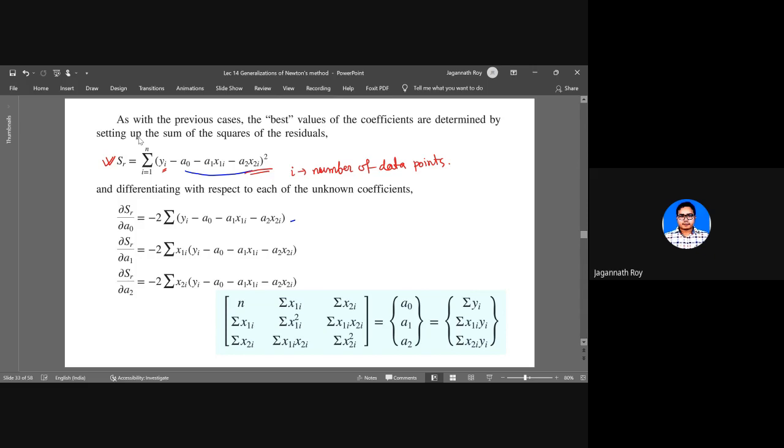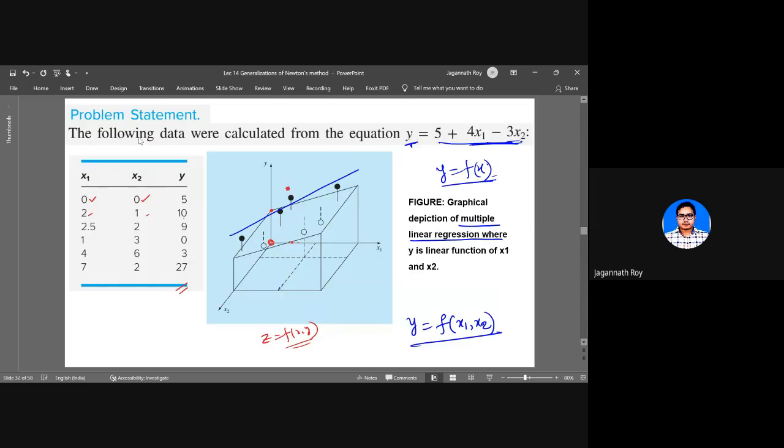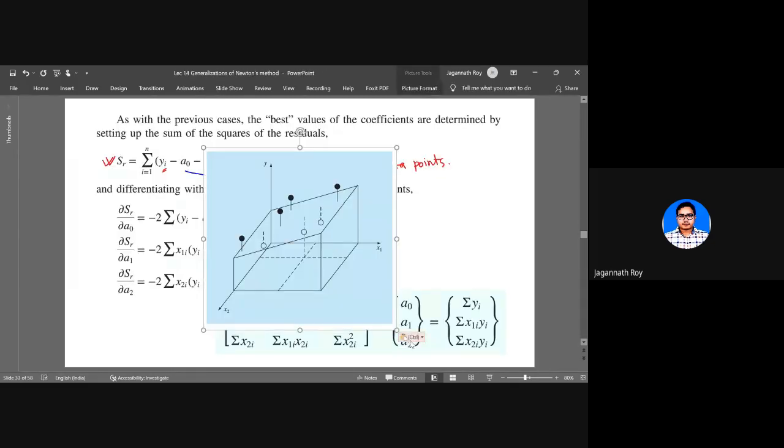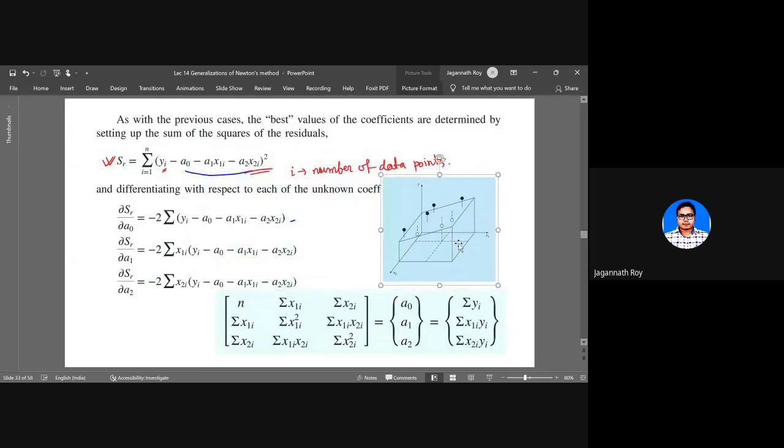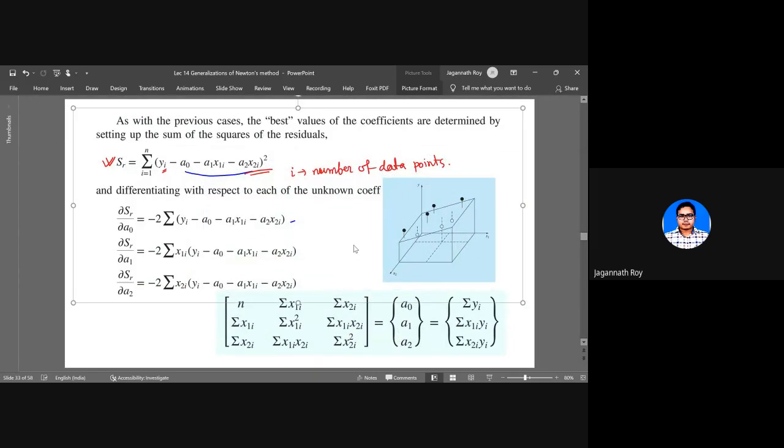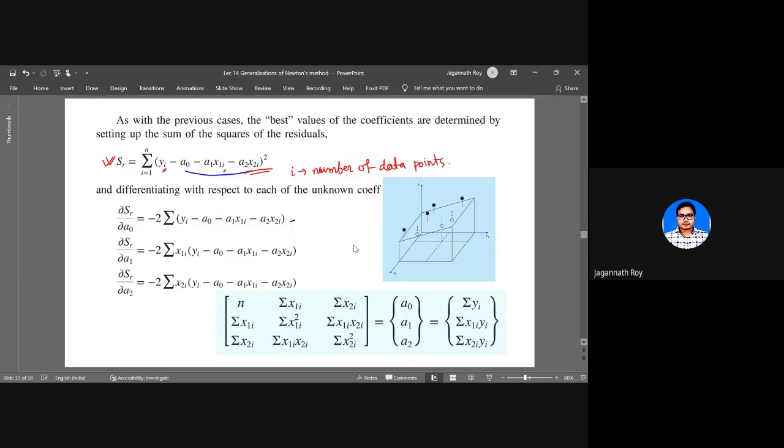So for each point, what we have to do, if you just take this figure, let me tell you the story about this problem. So i equals 1, i equals 1, 0, 0.